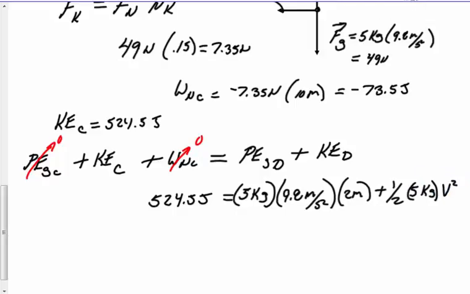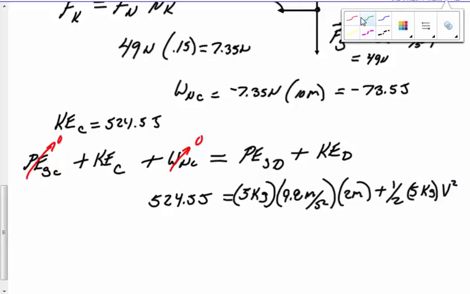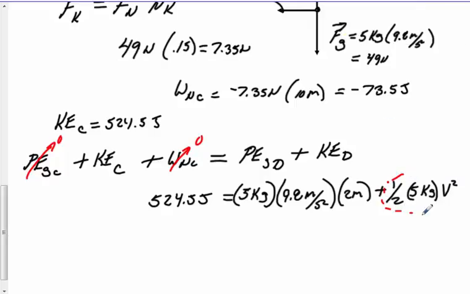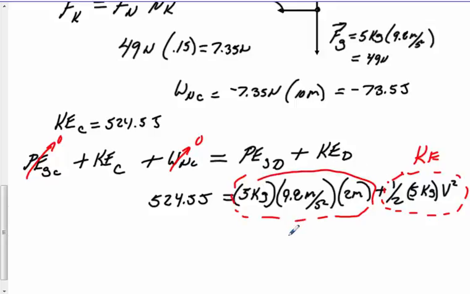Again, this value right here is nothing more than my kinetic energy. This is my gravitational potential energy here. And again, I'll put that at D and put that at D.